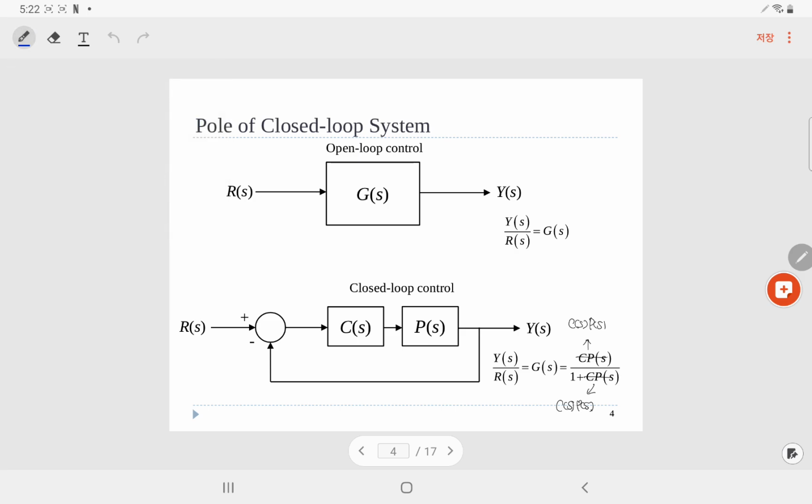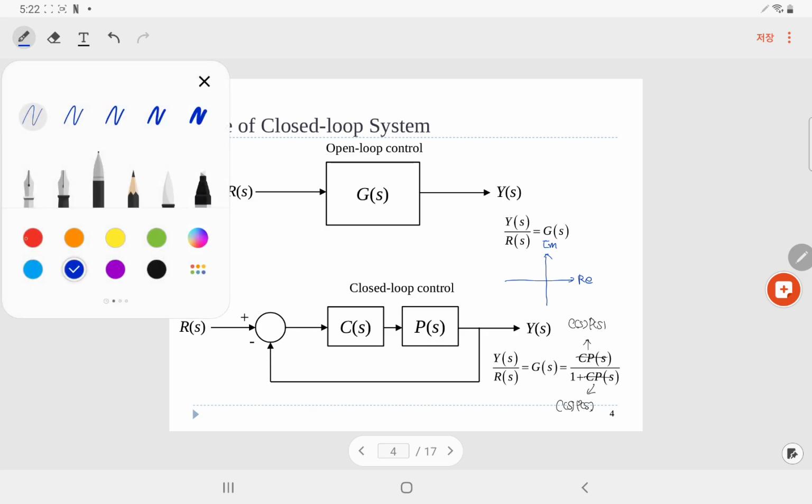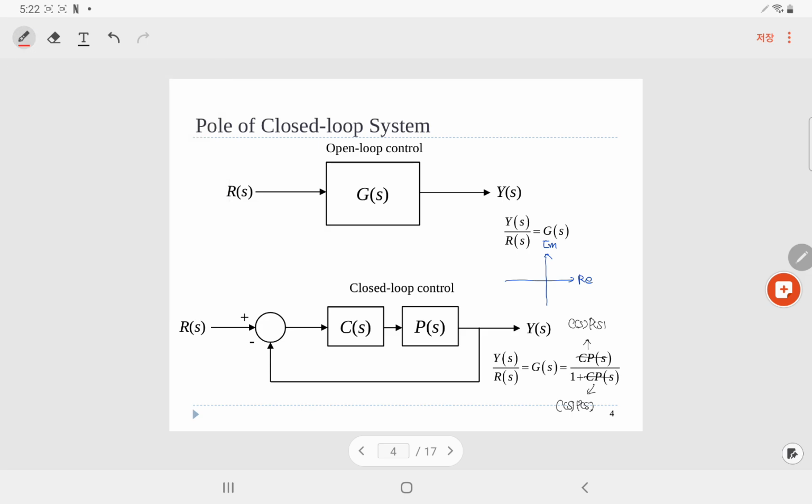Okay, if such closed loop poles are located in the left half plane, I'll write in here. Consider the complex plane, and this x-axis means the real axis and the y-axis means the imaginary axis. Then here we assume that the closed loop poles, that means the poles of G(s), are located in the left half plane of the complex plane.